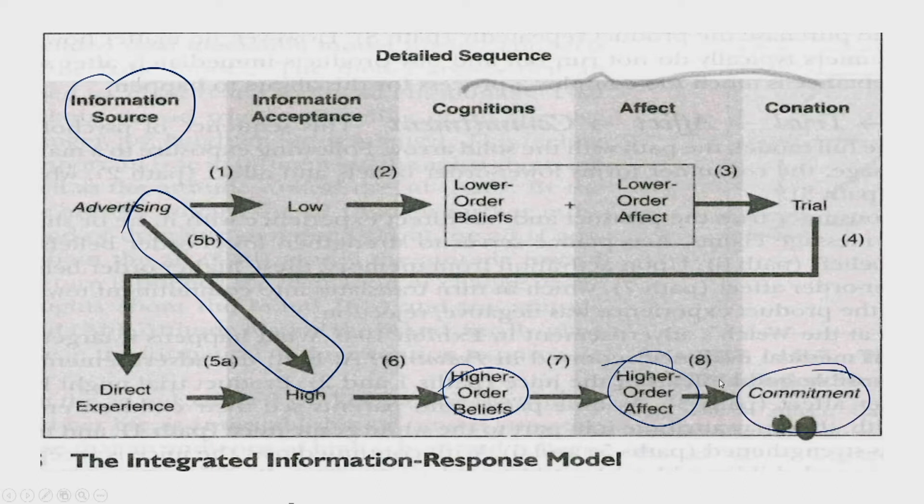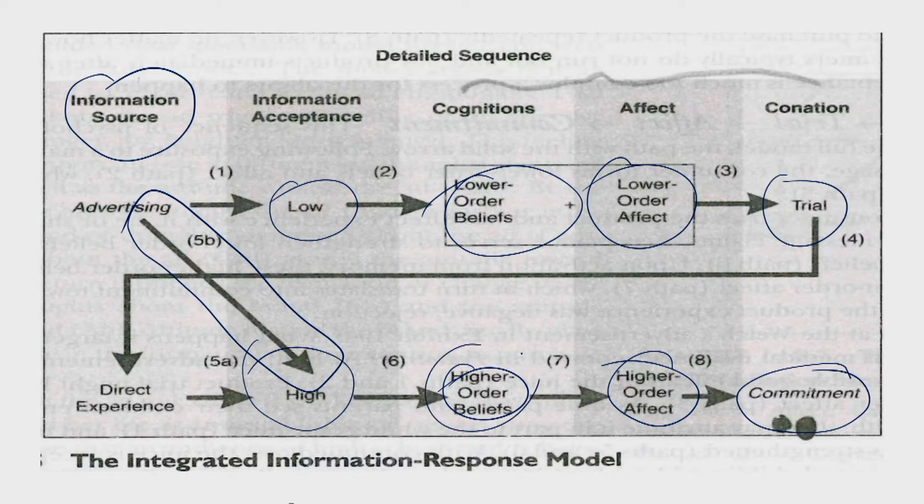Another way in which consumers respond to marketing messages, if you have advertisements or any form of information passed on by the marketer and intended for the consumer, is through the 2A pathway. Here, an advertisement is given to consumers, and these consumers have very low belief about this and develop lower order belief and lower order effect, and then go to trial.